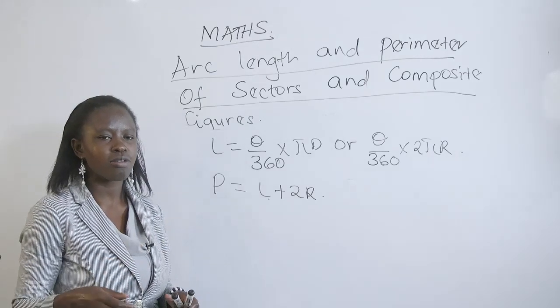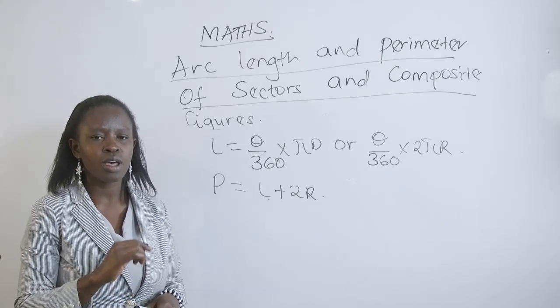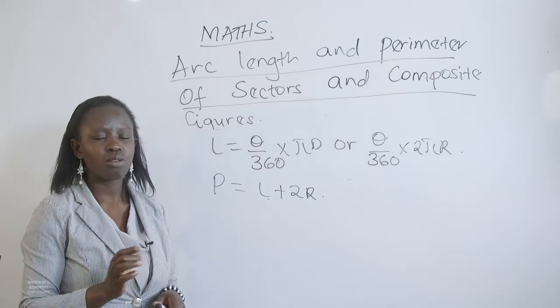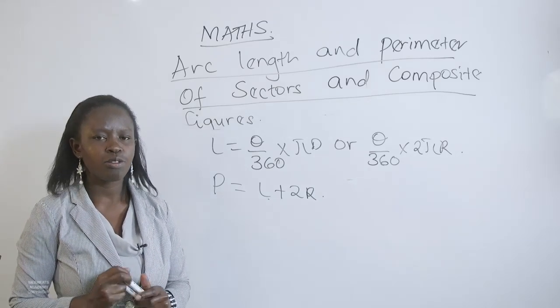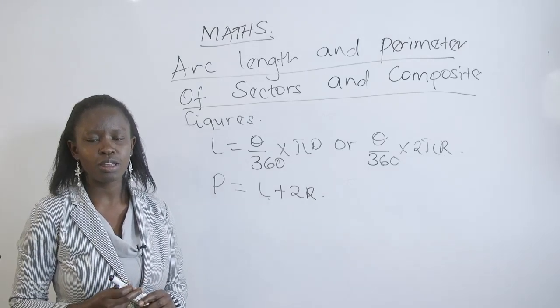So if it has various figures, you need to calculate the distance around the various figures. We are not dealing with whatever is inside, but the outside part of the given figure. Then we will be able to get the perimeter of the composite figure.